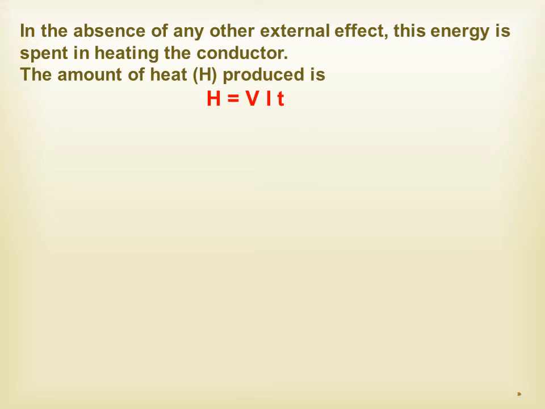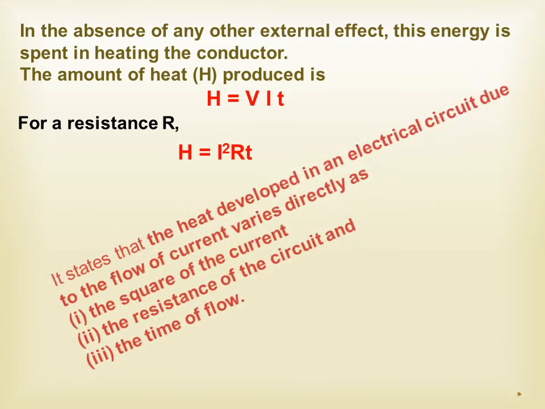In the absence of any other external effect, this energy is spent in heating the conductor. So the amount of heat H produced is H = VIt. As you know, V is the potential difference, and for resistance R, since V = IR, H = I²Rt.